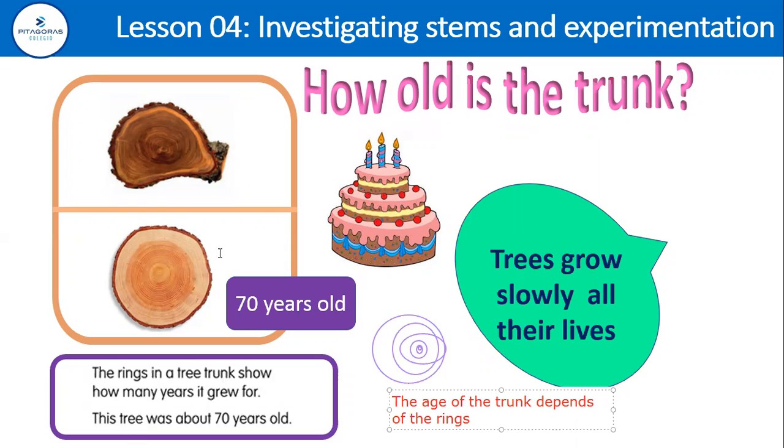So, this tree is 70 years old. 70, wow, that is too old. Es demasiado abuelito. Because it has 70 rings. 70 rings is equal to 70 years old. Okay?